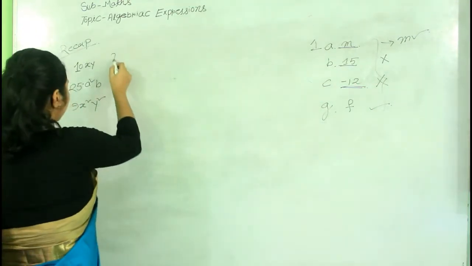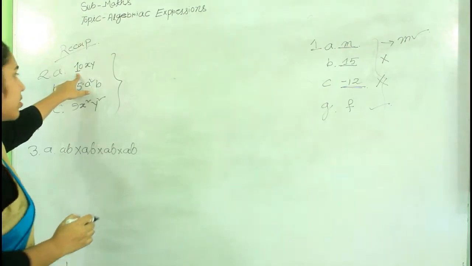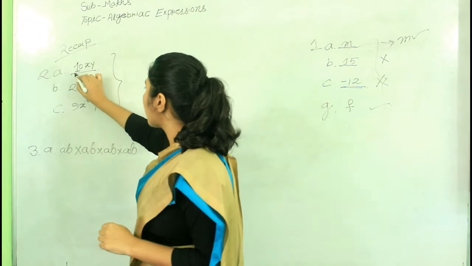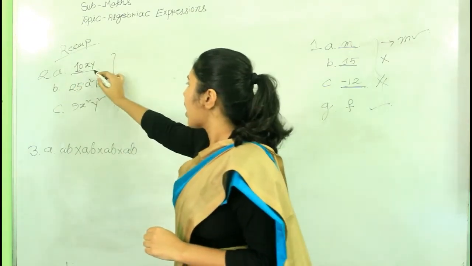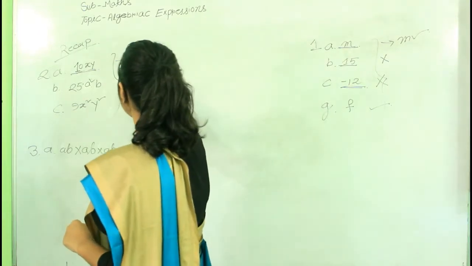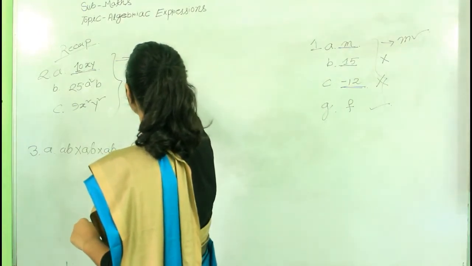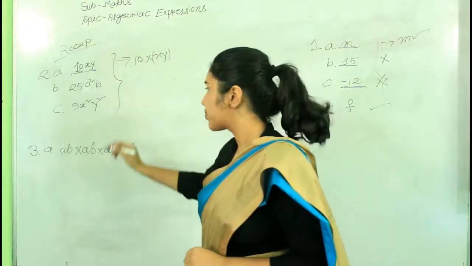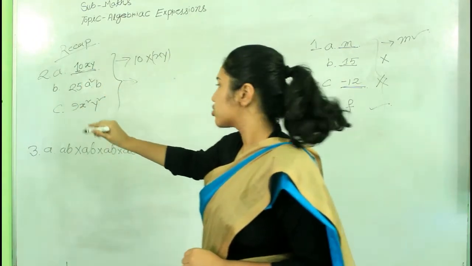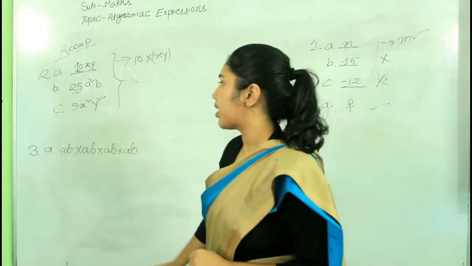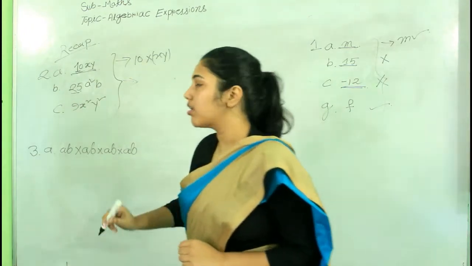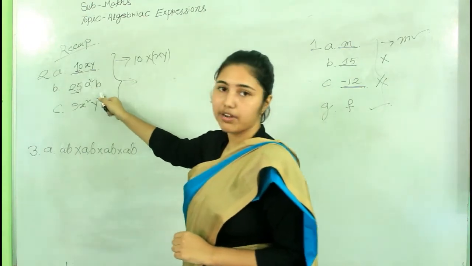Now look at here. 10xy is a combination of the constant term 10 and the variable xy. So we can write it as 10 into xy. Right? Next, 25a square b. So here, this is an algebraic expression, right? Because this is a combination of constant term and variable.